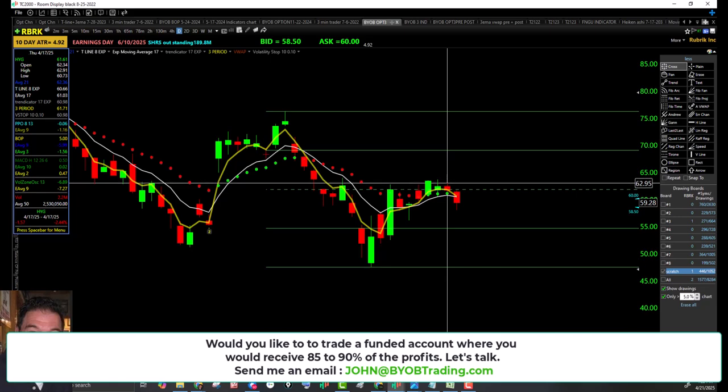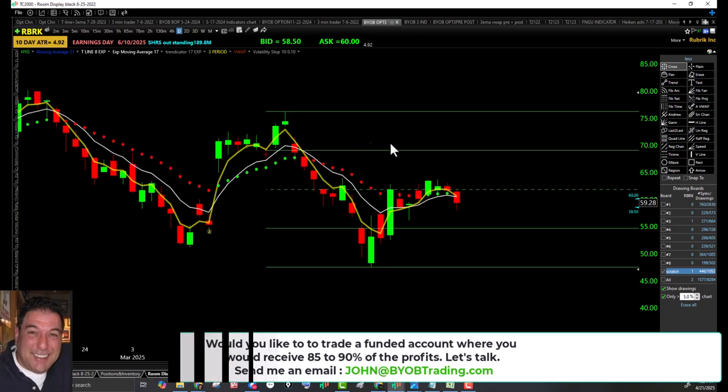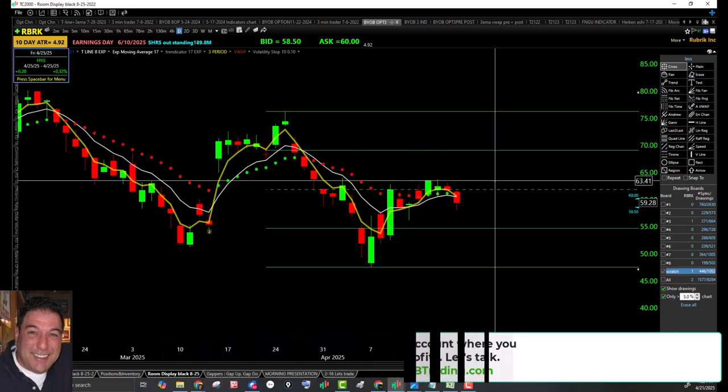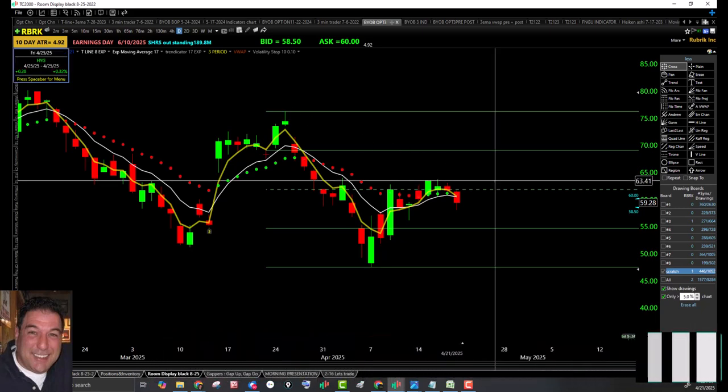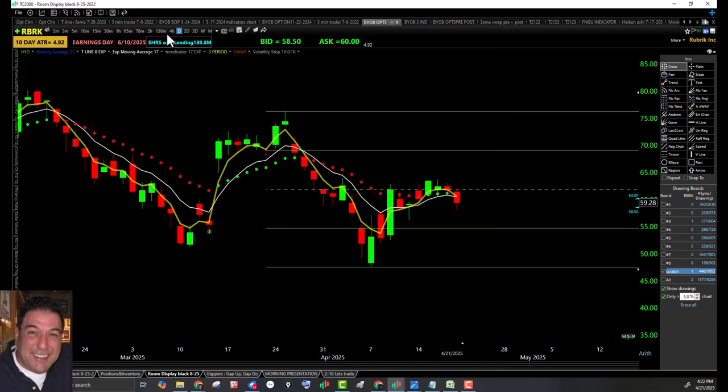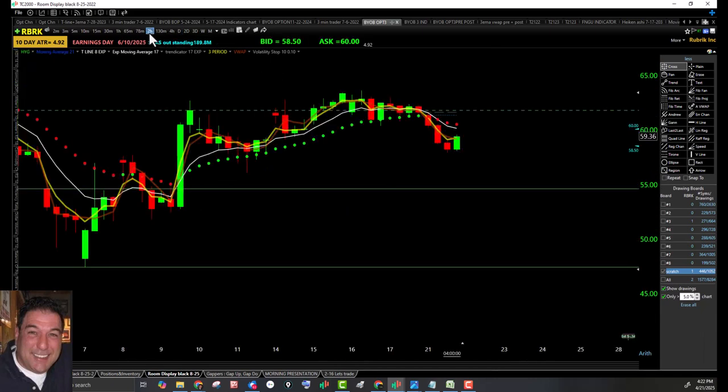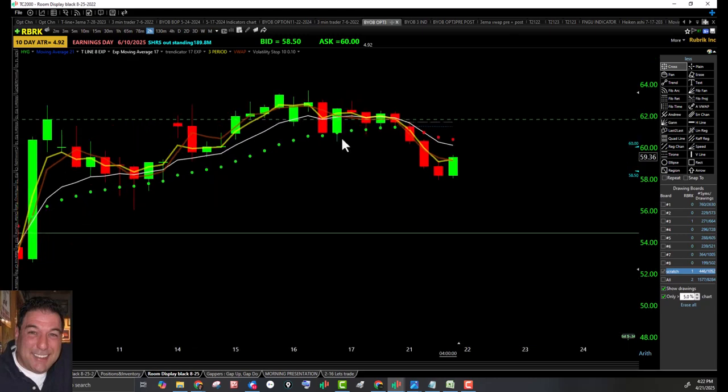So that puts them in a daily uptrend right there on the daily chart. Okay, not a very convincing uptrend on the daily chart. So on the 2-hour, all right, you're back to a downtrend.